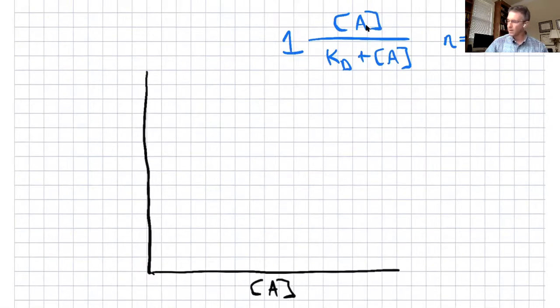Concentration of A, degree of binding, here's 0. Now, our full saturation, instead of going to 1, is going to go to 2. And our half saturation point here is going to be 1. And our plot is now going to look like this.